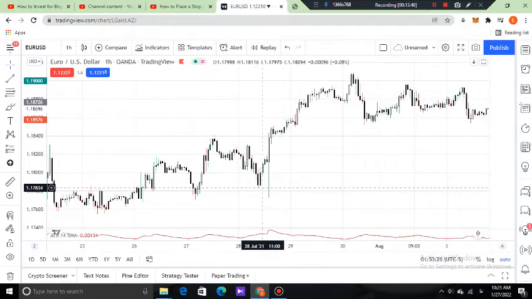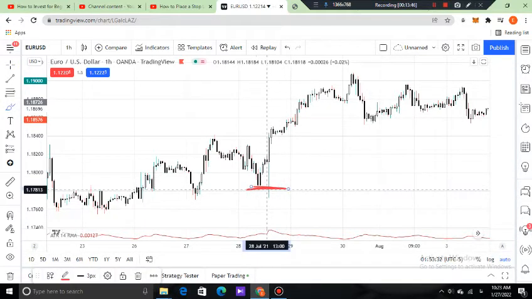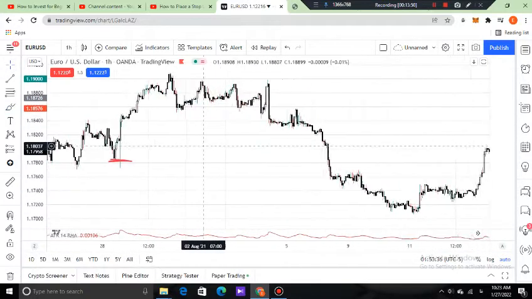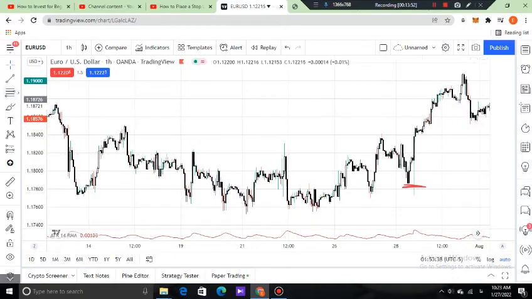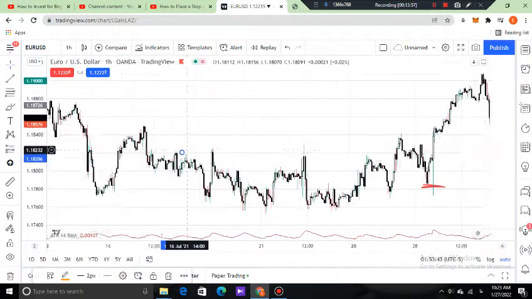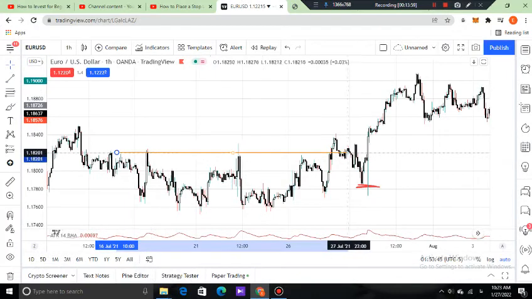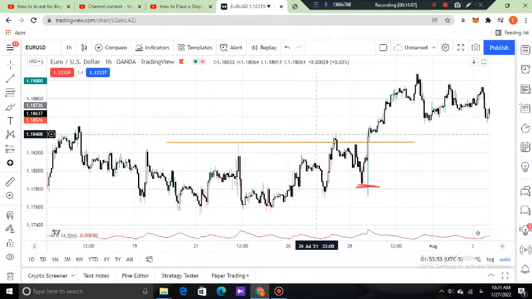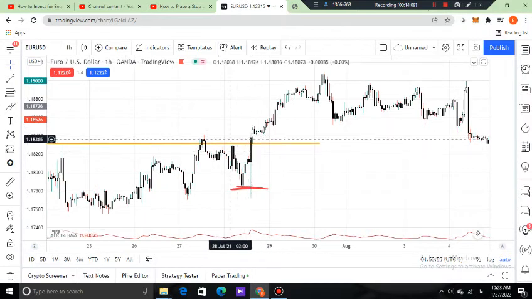There's a level here. For example, you consider a level here, and you put your stop below this level. Or if it's a trading range, if there is a trading range, there used to be a resistance, and now we have this breakout above this resistance.